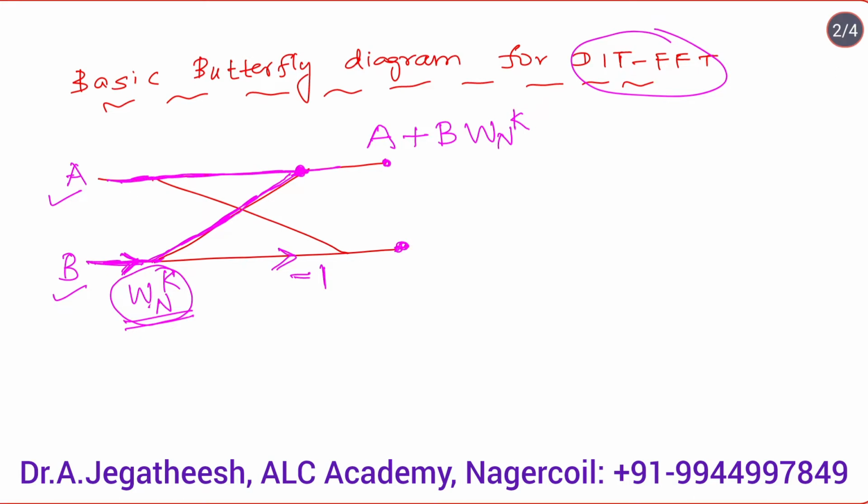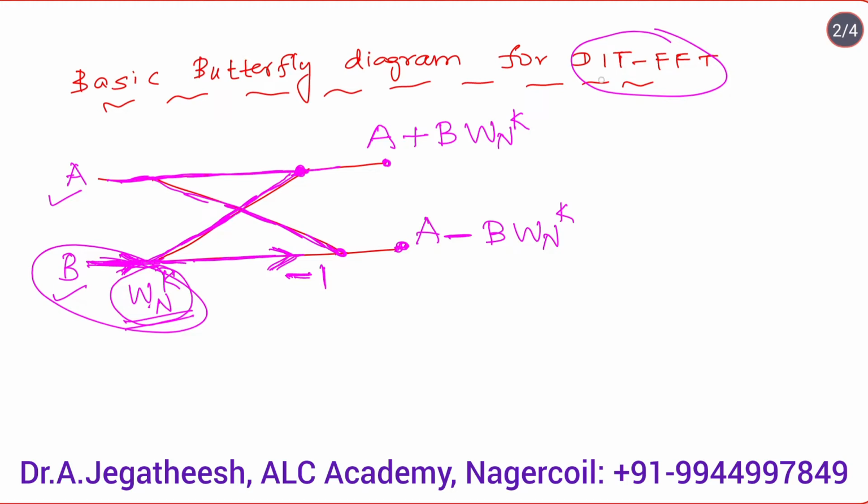Here you are having A to this node. Here you are having B Wn power k. On the way you have a minus 1, so A minus B Wn power k. This is the basic butterfly diagram for the DIT method.